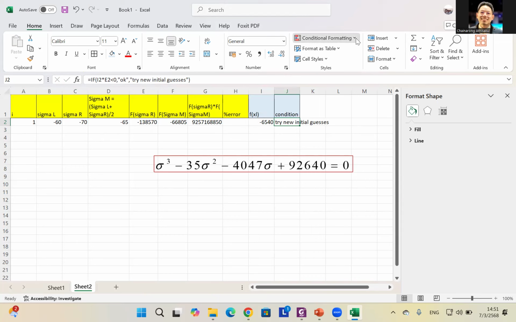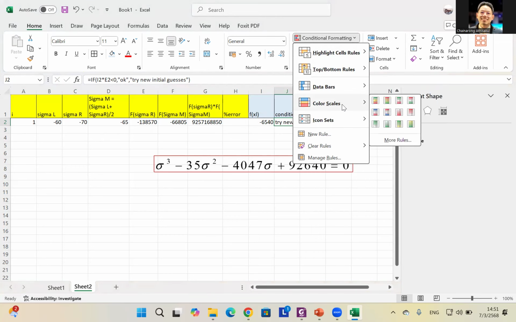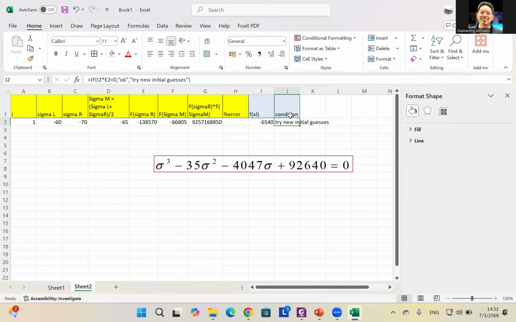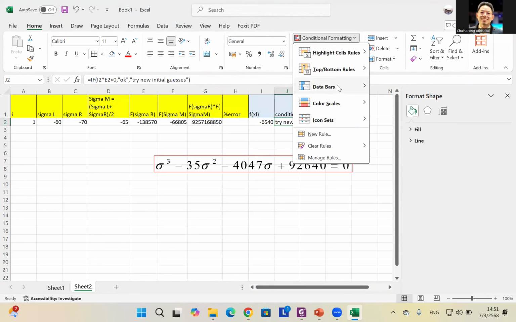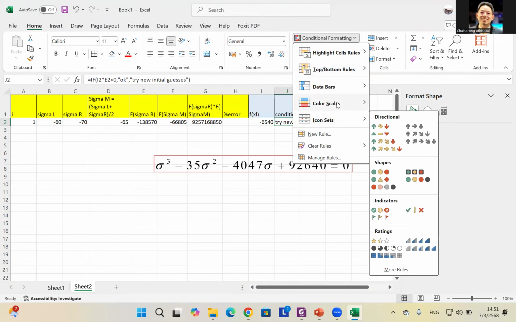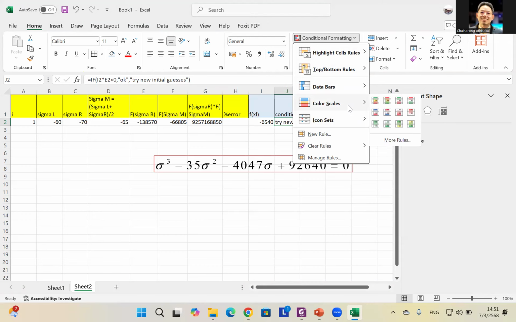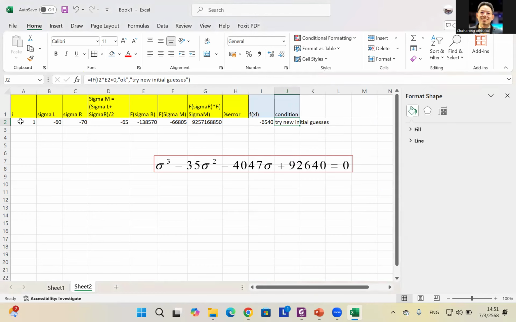That is optional. These two columns are not necessary actually.